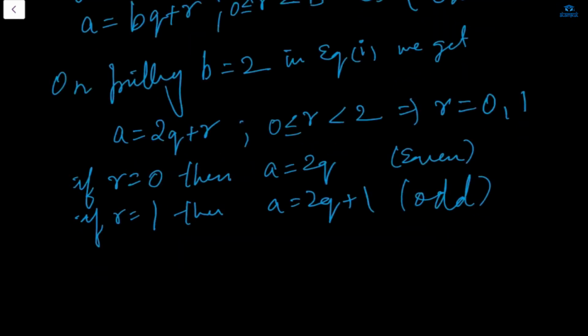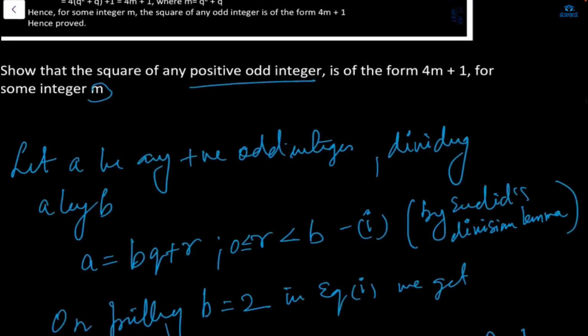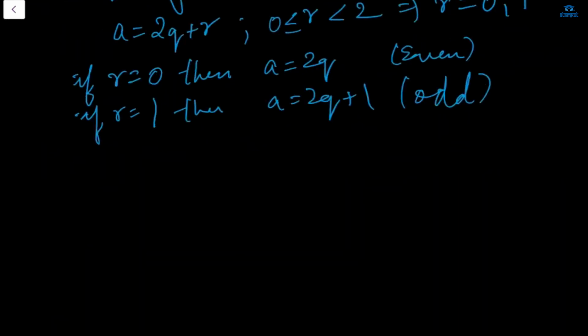Now, what it is telling is, show that the square of any positive odd integer is of the form... for the square of any positive odd integer. Now we are going to do the square of this. If you are going to do the square, A square is equal to (2q plus 1) square. As A is odd, so this one is odd.